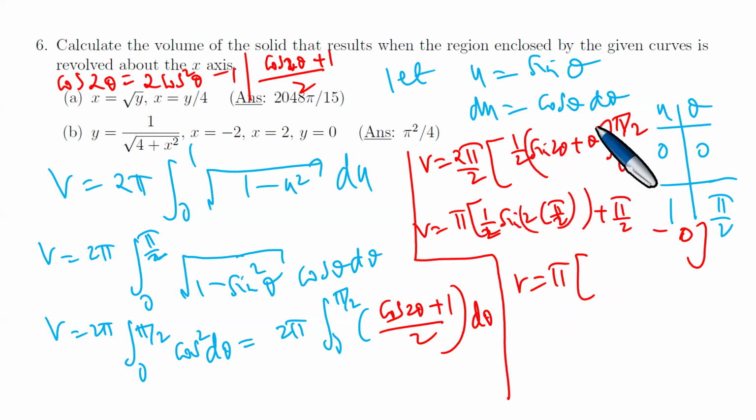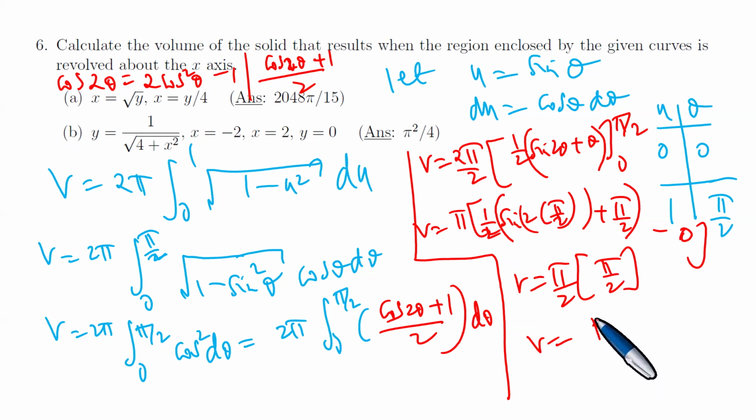This half is outside like this, so that in the end there's pi over 2 here, but this half you can bring it here, and the 2 cancels, giving us sine pi, which is 0, and then you have pi over 2.